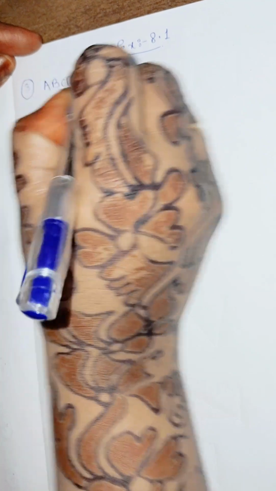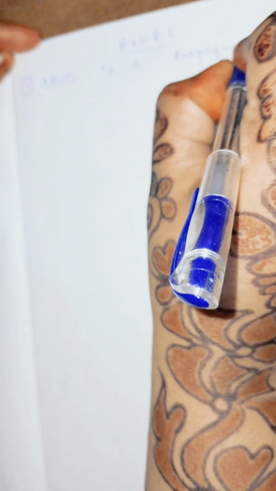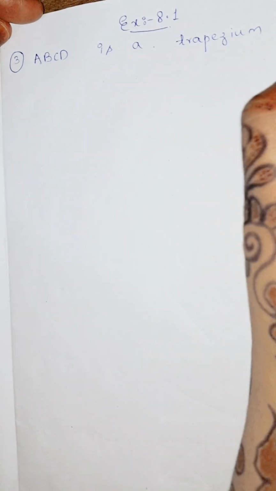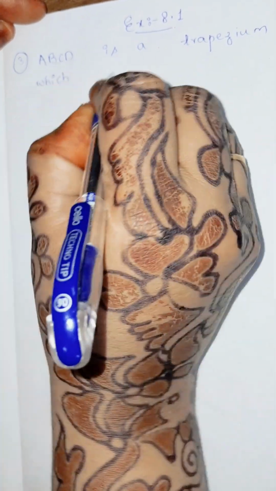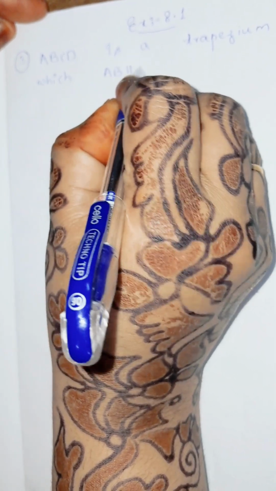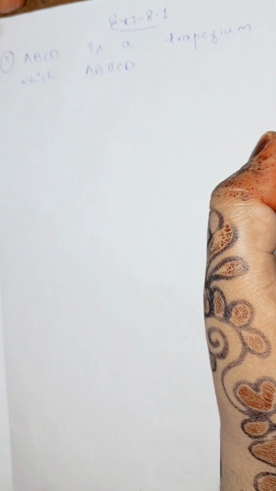ABCD is a trapezium in which AB is parallel to CD.